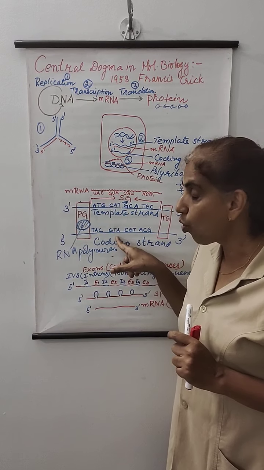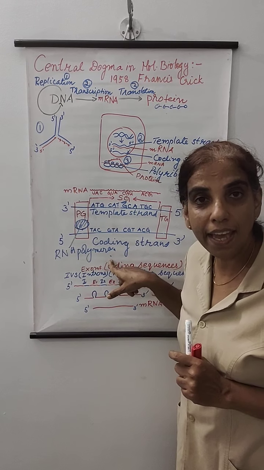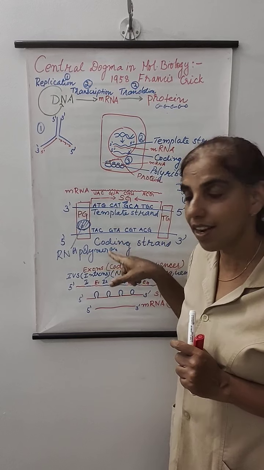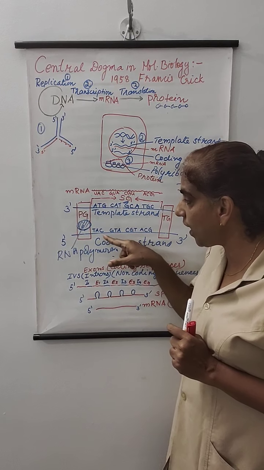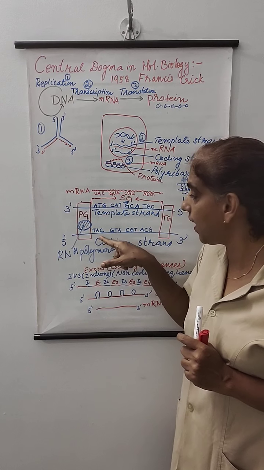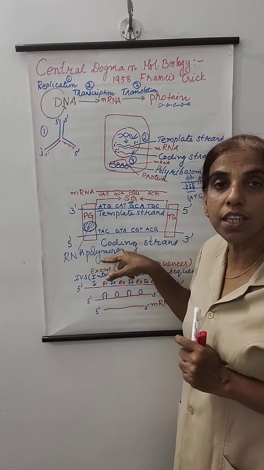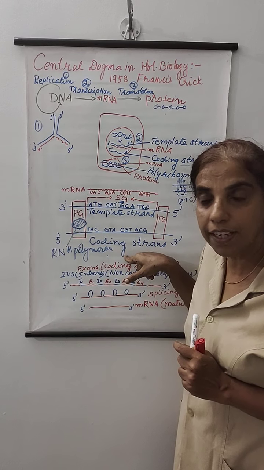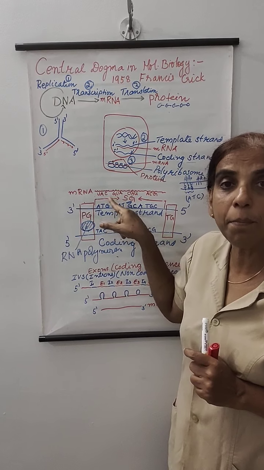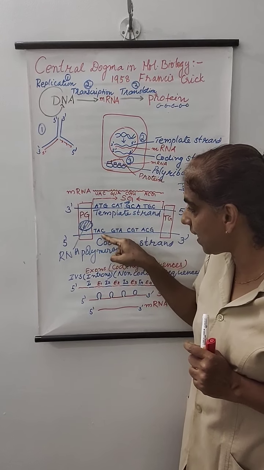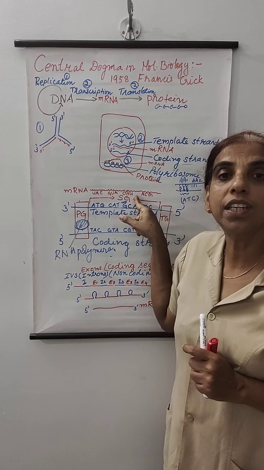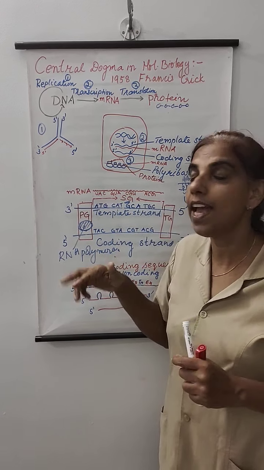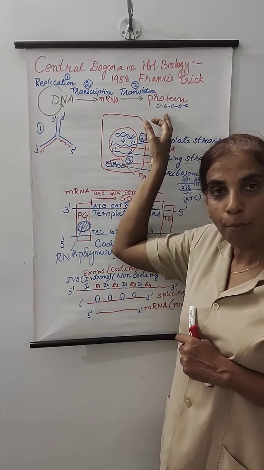Once again, the coding strand can never make a messenger RNA. Why? If the coding strand is making a messenger RNA, the amino acid sequence will be different. But if the template makes the messenger RNA, the same coding sequence will be found repeated in the messenger RNA, and you are making the functional protein.